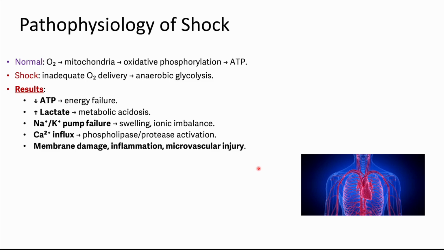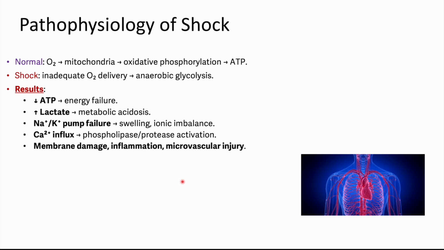Pathophysiology of shock revolves around inadequate oxygen delivery to the cells. So, under normal conditions, oxygen is utilized by mitochondria for oxidative phosphorylation and generating ATP. In shock, this pathway fails.